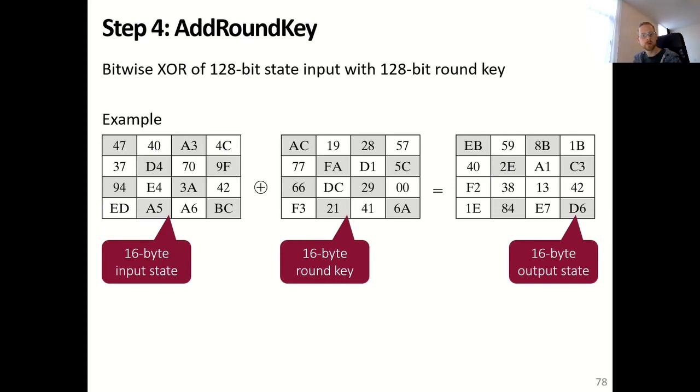So these are the four functions that are performed in each round of AES. One by one, they will transform the 16-byte input matrix into a 16-byte output matrix.